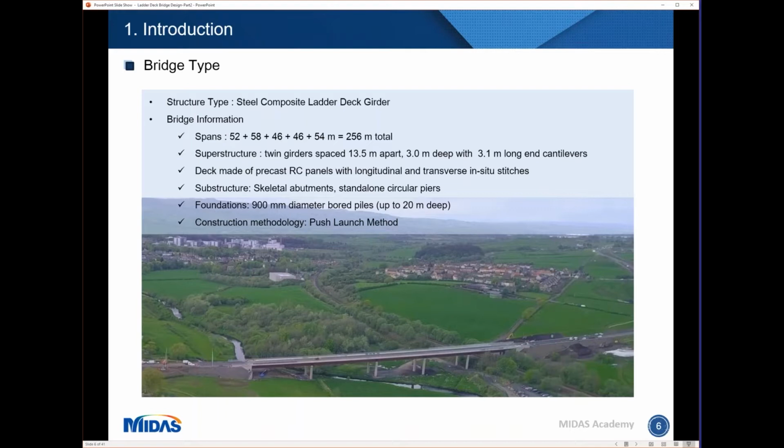And the deck was made of precast reinforced concrete panels, which were made composite with the steel structure using in-situ concrete stitches. And the structure was built by a push launch method.